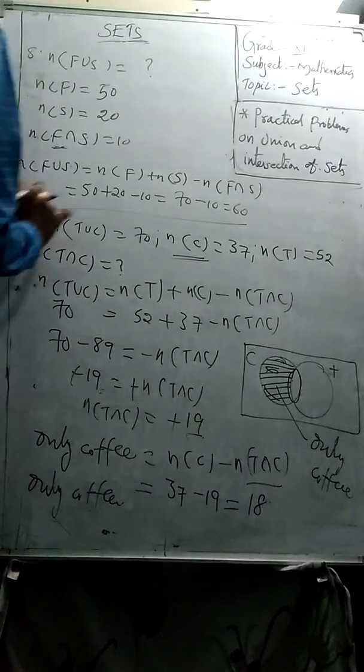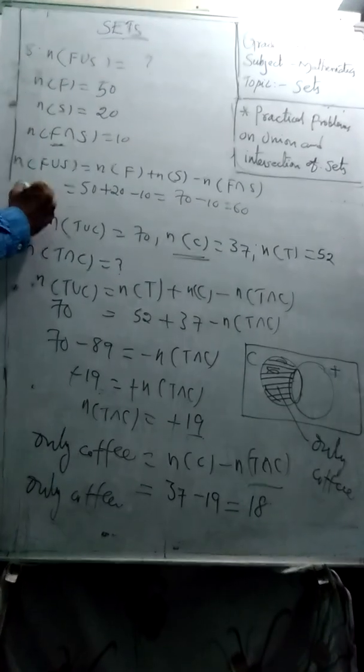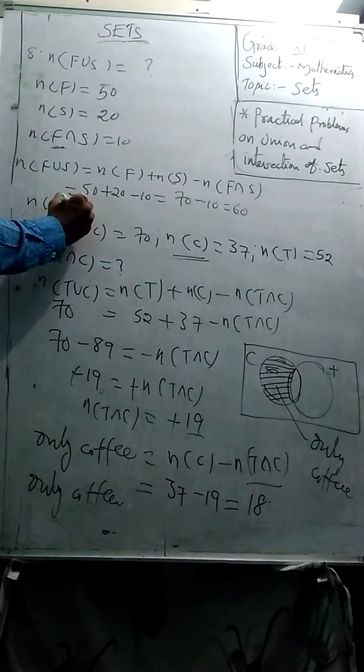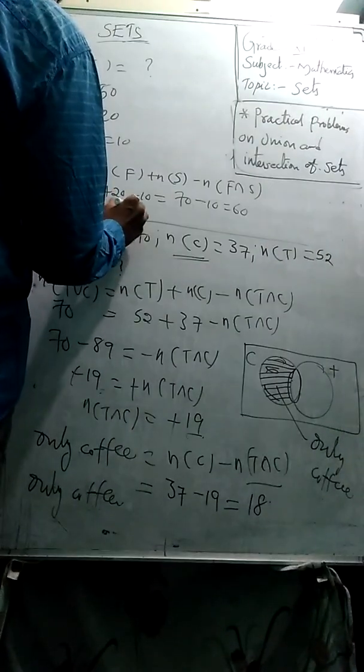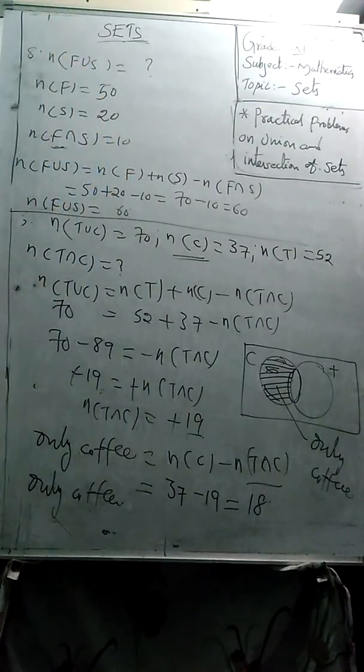The total people who can speak either French or Spanish are 60 people. This is the way to solve problems based on this, students.